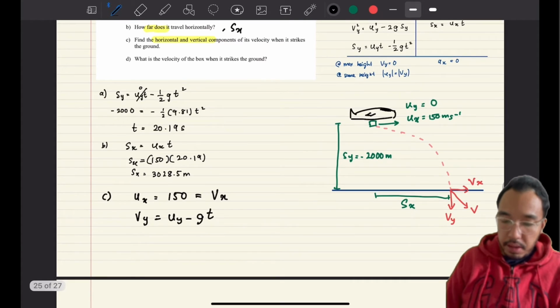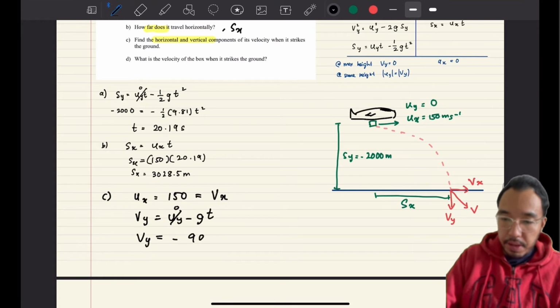Okay, uy is equal to 0 because there's no component in there. There's no velocity in the y component. So this will be 9.81 multiplied by the time that we got just now, which is 20.19.